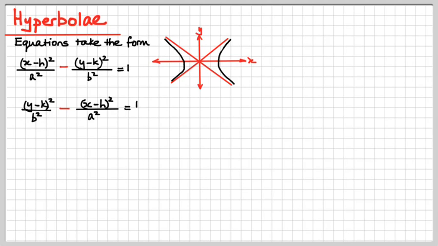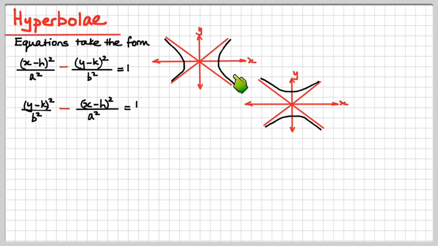This one here is the other way around. That's got the y term as the positive one. So that means there'll be y-intercepts. And that's a graph looking like that orientation, where the curve is up and down, whereas up here the curve was left and right, yeah? Yes, the positive term is the one that has the intercepts, yes, guys?